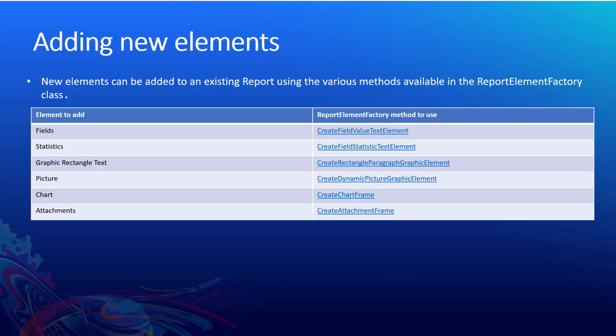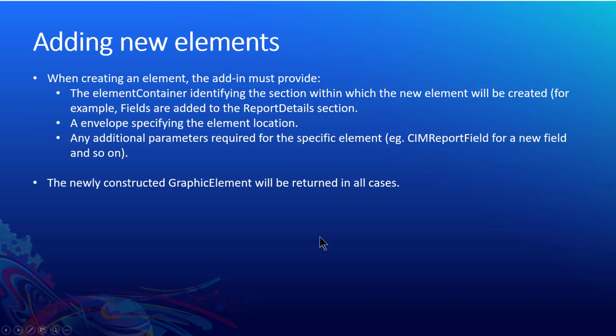New elements can be added to an existing report using the various available methods in the report element factory class. I have listed these methods in the table in this slide as a reference. When you create an element using any of the methods listed in the table in the previous slide, the calling code must provide the following 3 items as parameters: an element container identifying a report section within which the element will be created.